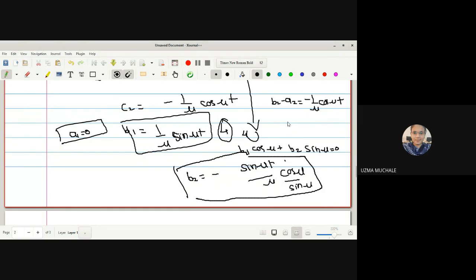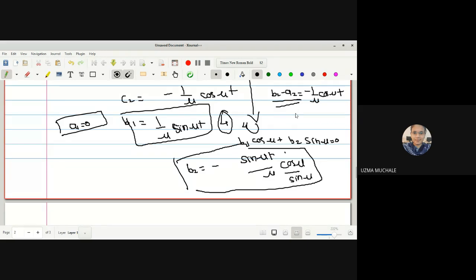As we get the value of b2, put it in this equation and you can get the value of a2. Put it in this equation and tell me the value of a2.